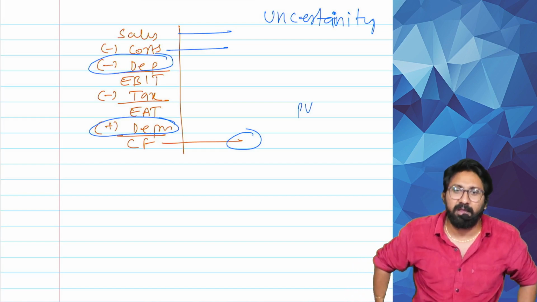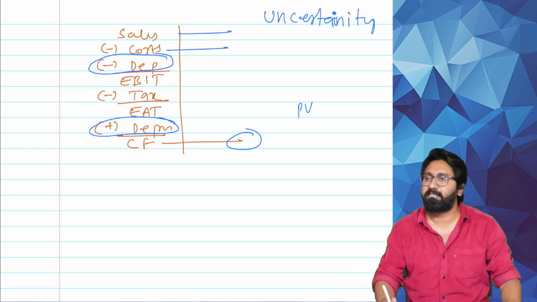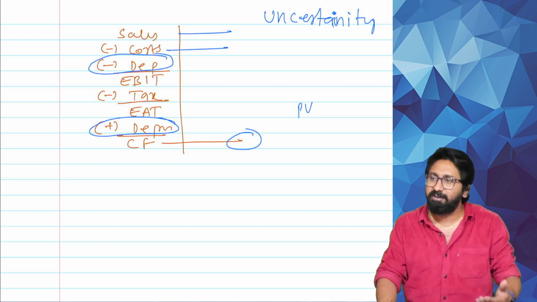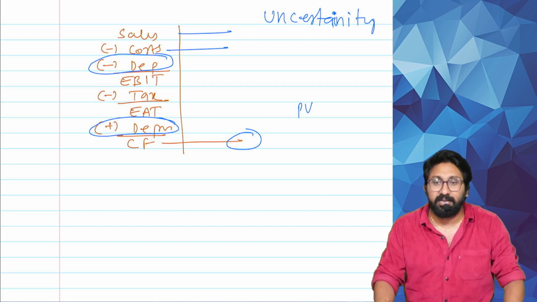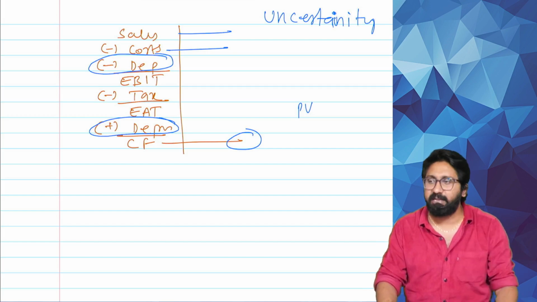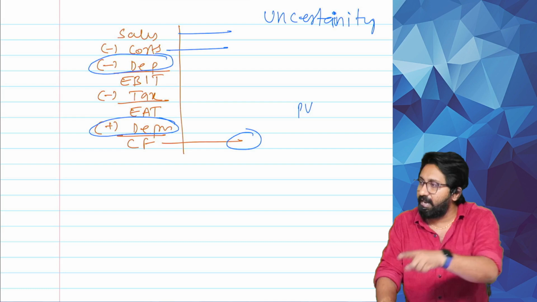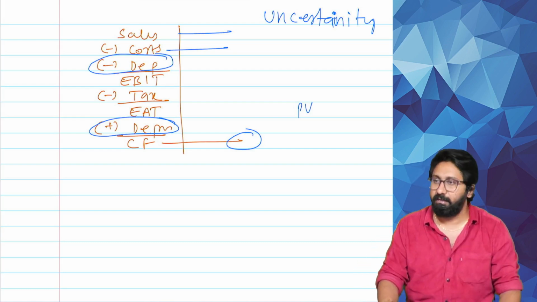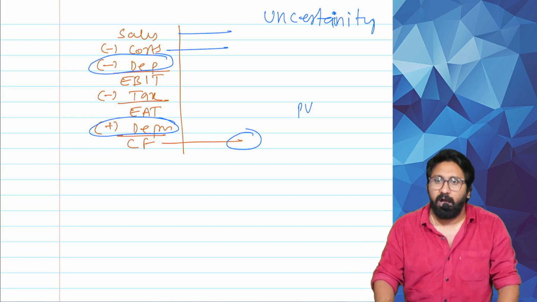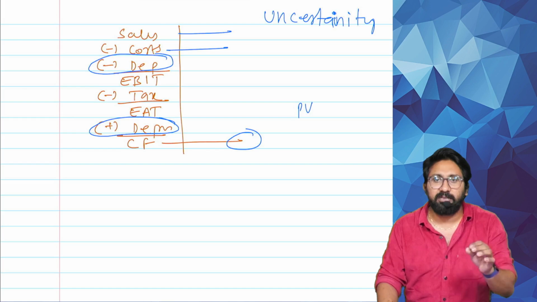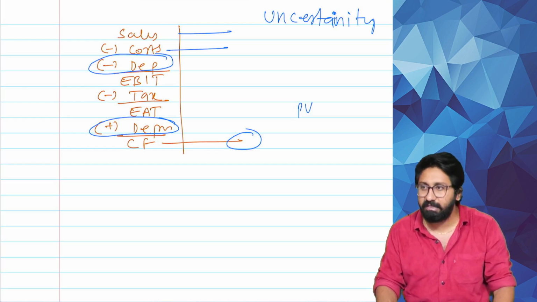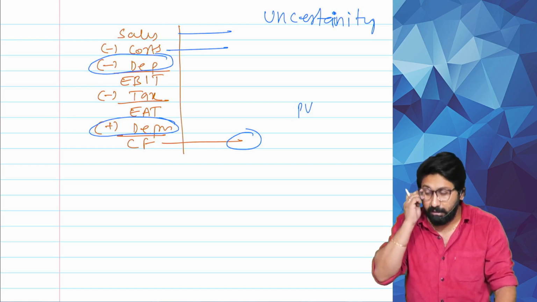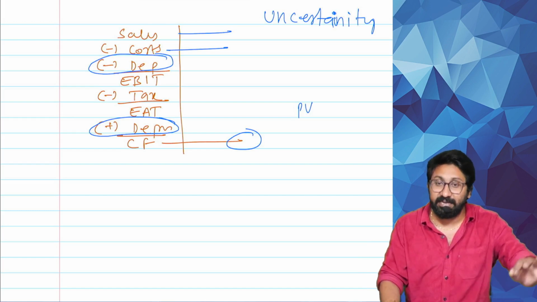Tell me, a bank deposit: risky or not risky? Why is it not risky? The interest return you get every year is certain or uncertain? Certainty knocks out the risk. Uncertainty brings back the risk. So try to understand clearly. When the cash flows are uncertain, the project will be treated as a risky project.